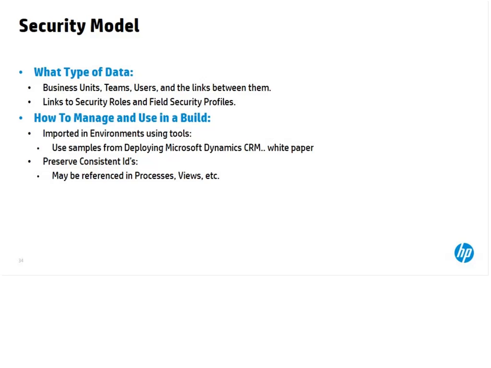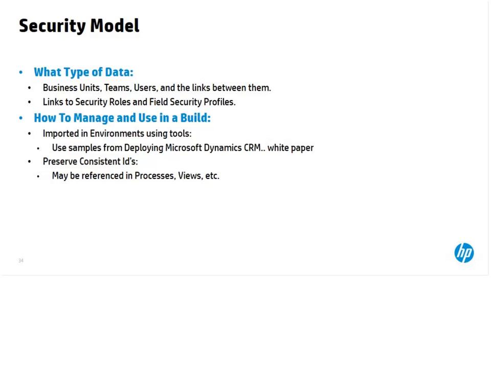It's important, if possible, to import that data rather than create it manually in each environment. There are samples in the Deploying Microsoft Dynamics CRM through Test and Production Environments white paper, which I have hyperlinked at the end. That white paper contains excellent samples on how to import those records.